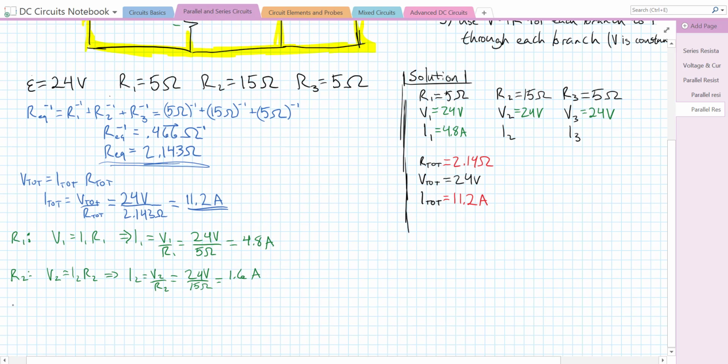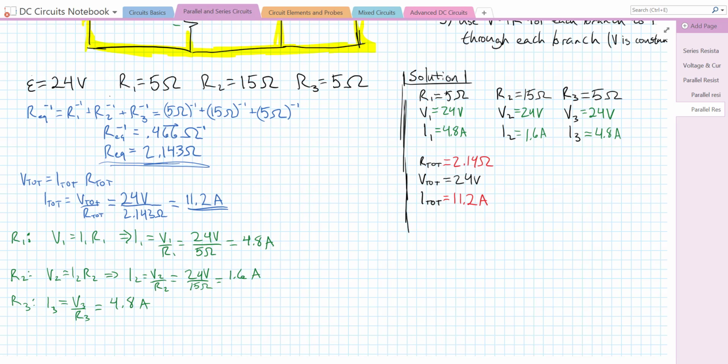And R3, well, R3 is the same as R1, so when we do I equals V over R, we're going to get the same answer as R1 since everything's the same, 4.8 amperes. So let's fill those in. 4.8 amperes and 1.6 amperes. And that's it. We have solved for everything.